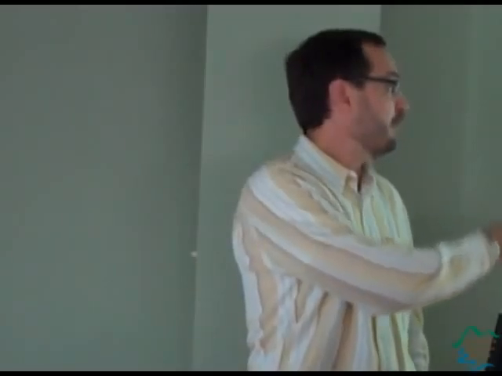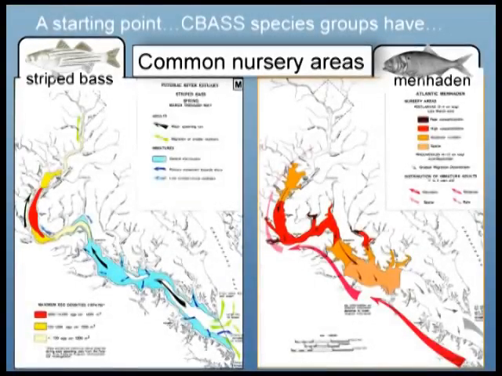So why do we start where we start? It's very important to note that both of these fish species, or fish species groups, represented by Atlantic menhaden, which is a shelf-spawner, and striped bass, which is an anadromous fish, both use common regions of the estuary. I call it the oligohaline, mesohaline transition zone.